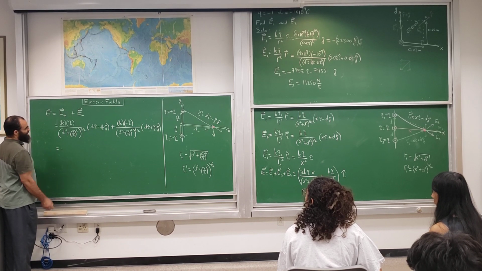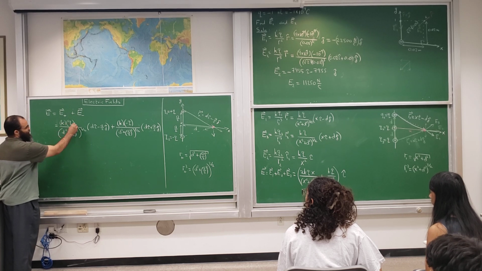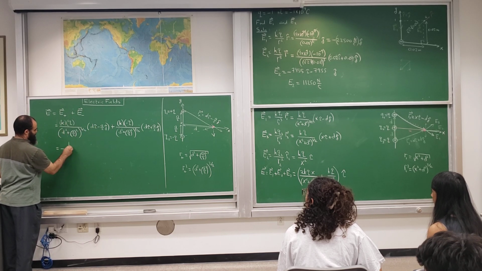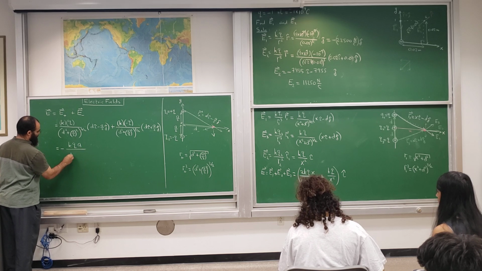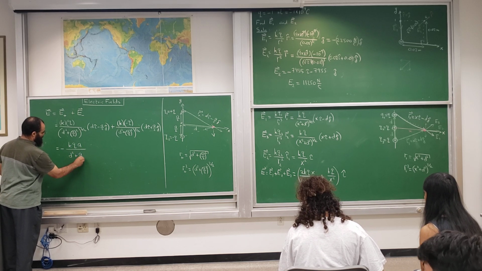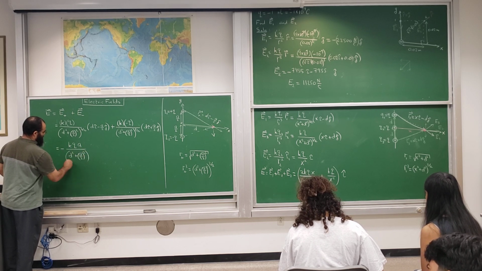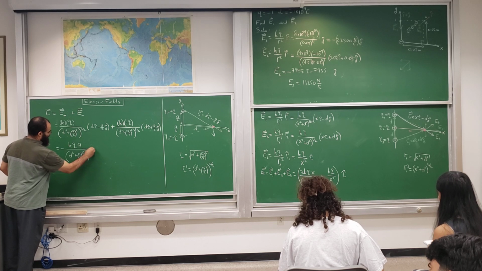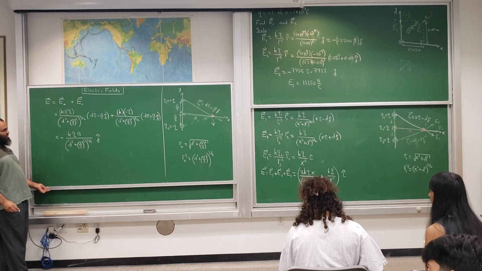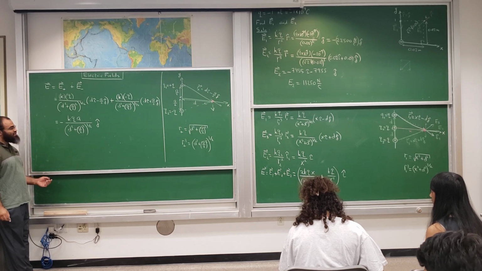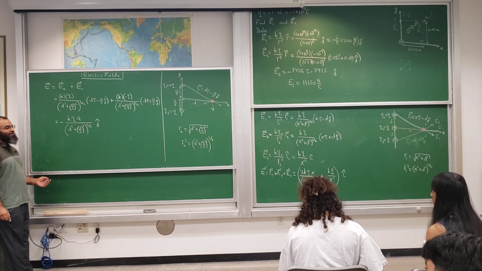So let's take care of that. So you have a minus sign. You have K, Q, and then A, and then D squared plus A over 2 squared to the 3 halves J hat. Okay. That's the electric field.